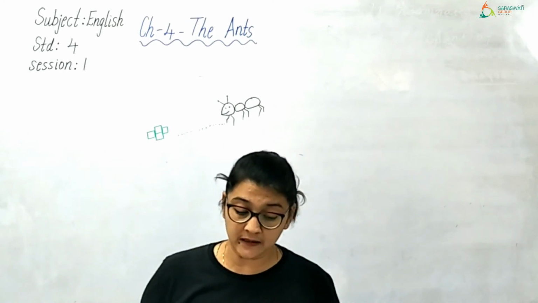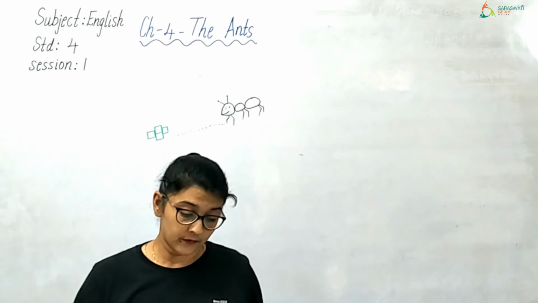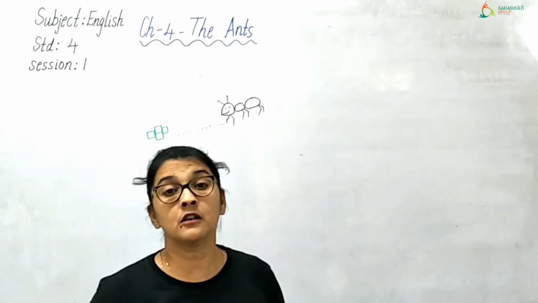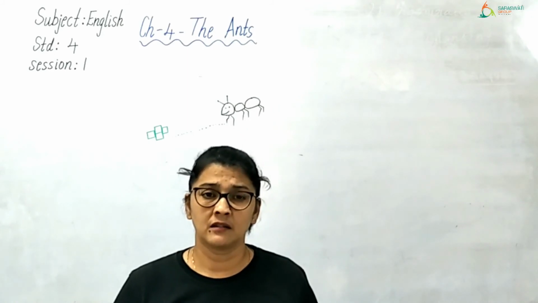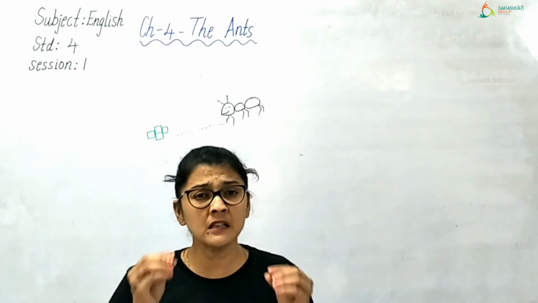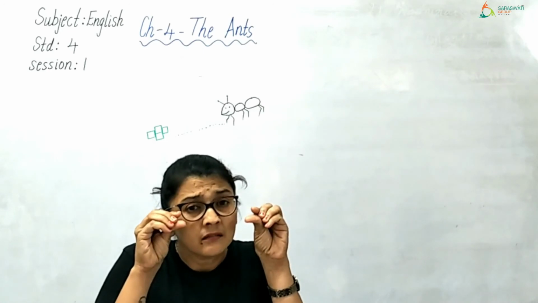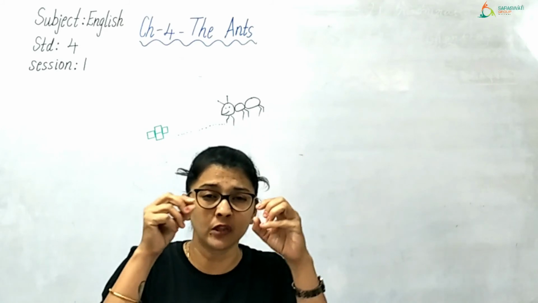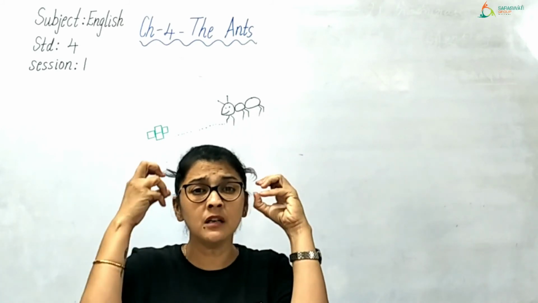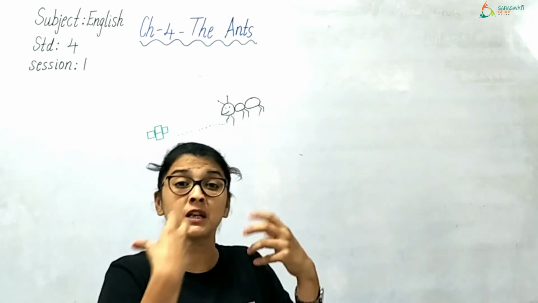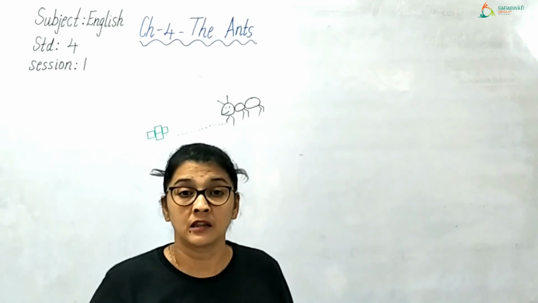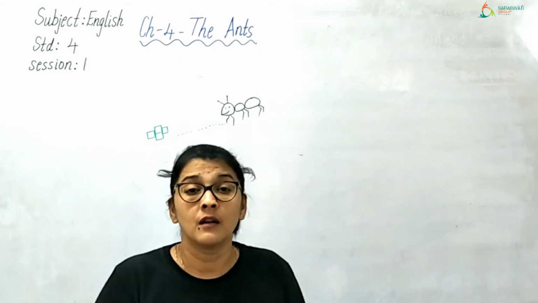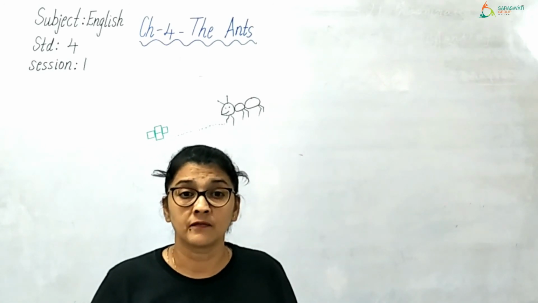That if little insects are kind to each other, then children most certainly ought. Here the poet wants to say that if these little insects, right, how tiny the ants are, can be helpful to each other, can be kind to each other, then why can't we, being human beings, be kind to each other?